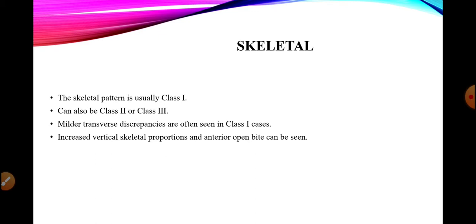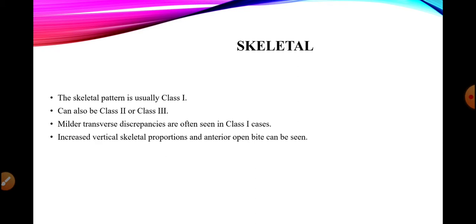Not severe forms of transverse discrepancies or cross bites. Severe forms of transverse discrepancies, cross bites or maxillary deficiencies are seen in cases of skeletal class 2 or class 3. But in cases of skeletal class 1 or class 1 malocclusion, as the skeletal pattern usually is class 1, milder transverse discrepancies are often seen.